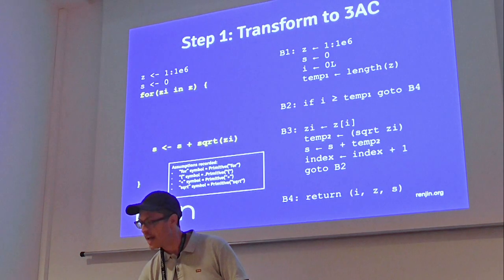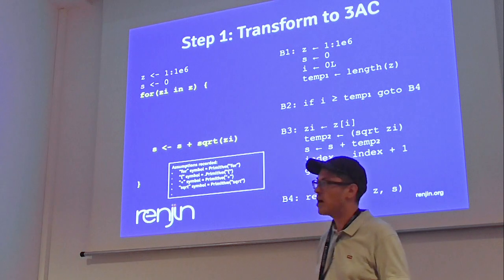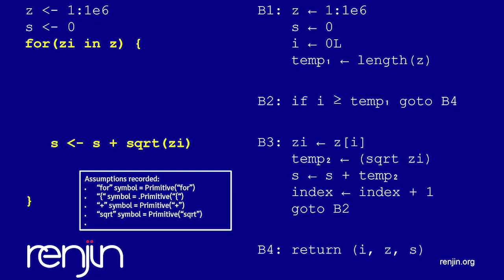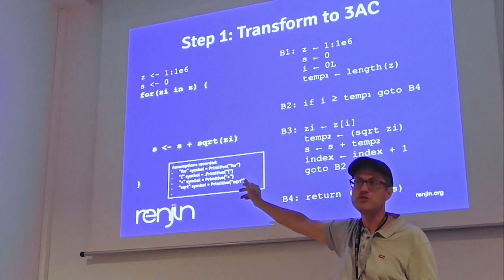What's very nice about a just-in-time compiler is that at the point that we enter the loop, the interpreter has interpreted Z, assigned 1 to 1 million, assigned S to 0, and then it comes to the for statement and says, aha, I'm going to have to do this 1,000,000 times. So let me stop for a second and see if I can optimize this loop body.